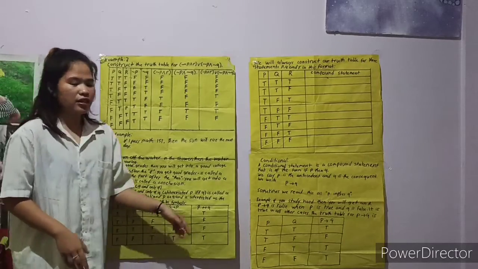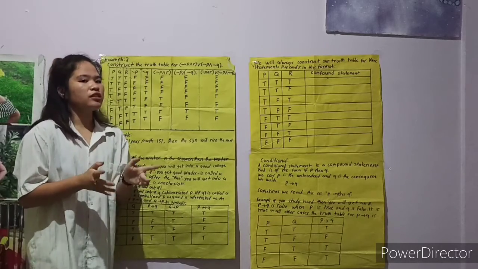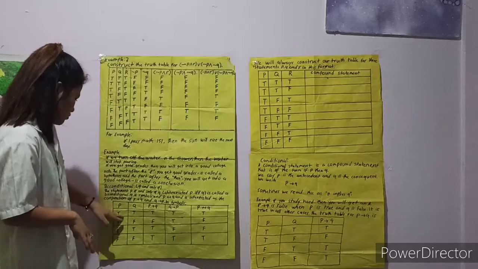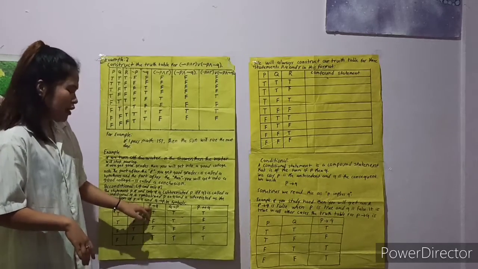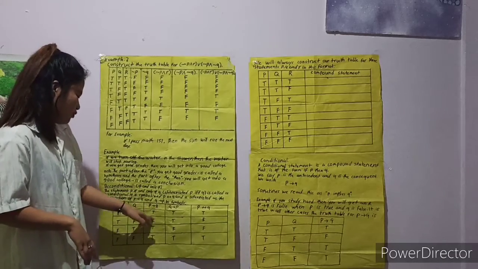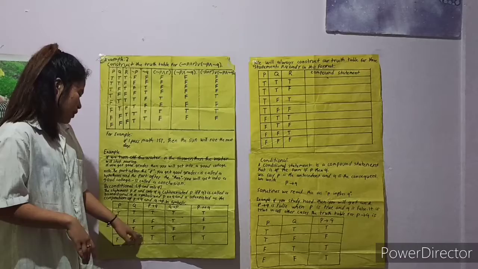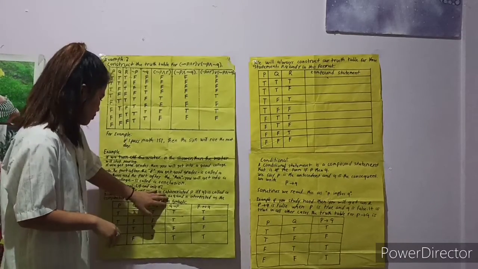We have here the table for you to be able to understand it more. True and true, P implies Q becomes true, true and false, false, false and true becomes true, false and false becomes true.